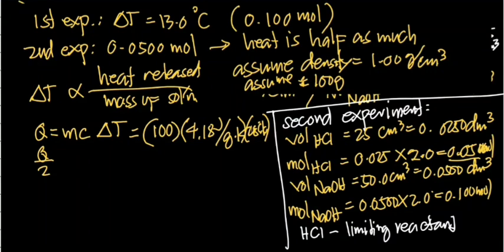So we assume that the mass of the first experiment is 100 grams. And for the second experiment, the volume is 75. So we assume that the mass is 75 grams.